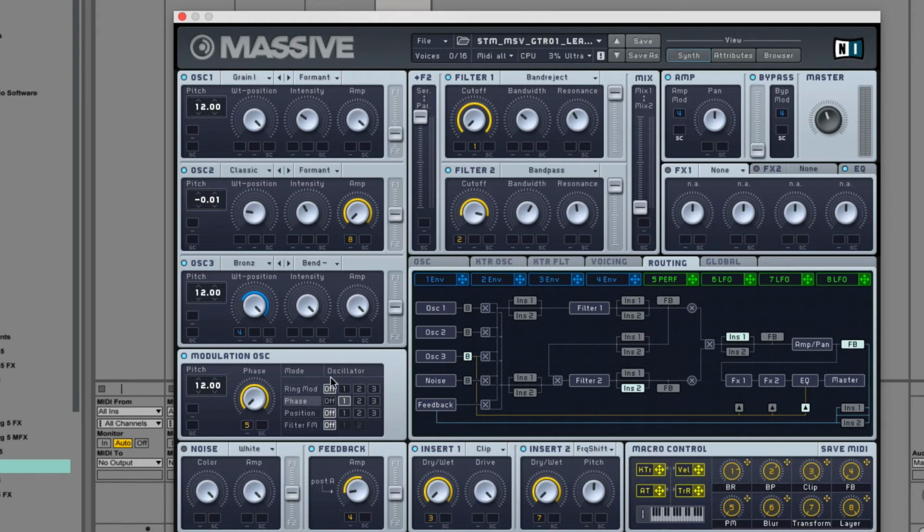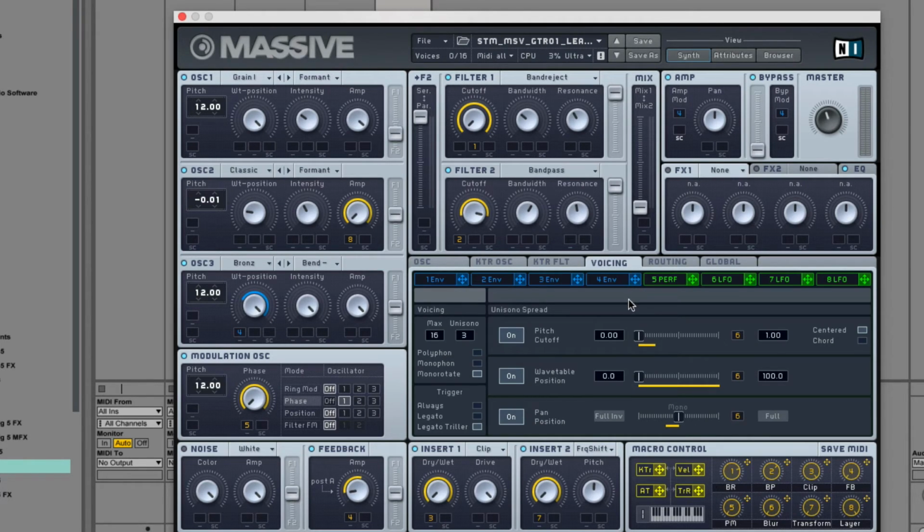Five is phase modulation. It's just full depth on the phase modulation knob over here in the Moto SC. Six is blur. It increases the amount of pitch cutoff, so detuning, wavetable position spread, and then pan spread, or voice pan position spreading.